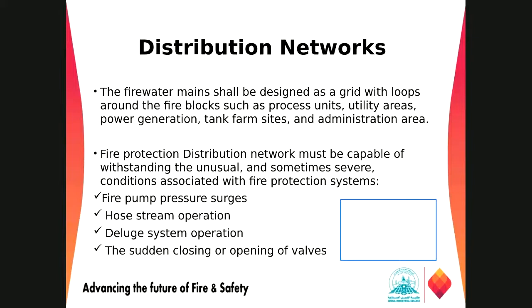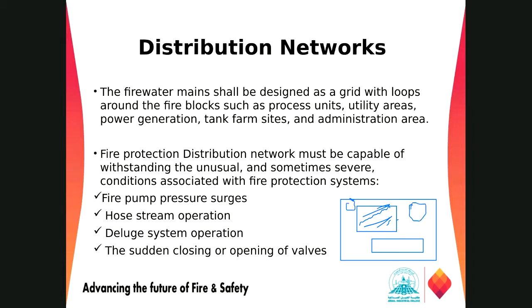Suppose this is a compound, and inside that compound we have one building here and two buildings here. Based on the building flow requirement, if the compound is big, we have to go through all the buildings one by one, because it depends on the area of each building. Based on that, we have to demand water for this location, and similarly calculate for the other buildings.